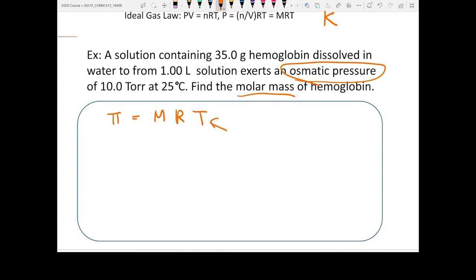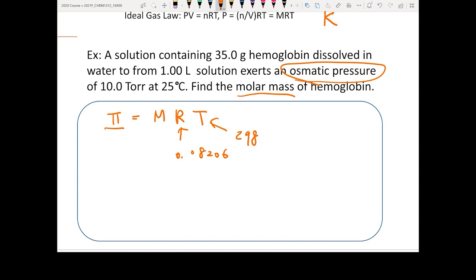T, what's T? Temperature, right? In Kelvin, so it should be 298. R, what's R? A constant, right? Make sure you use the correct constant. It's actually 0.08206. Pi is what? Osmotic pressure.